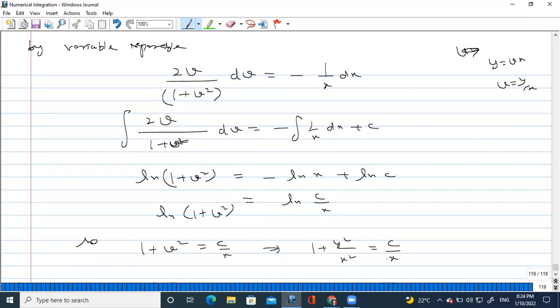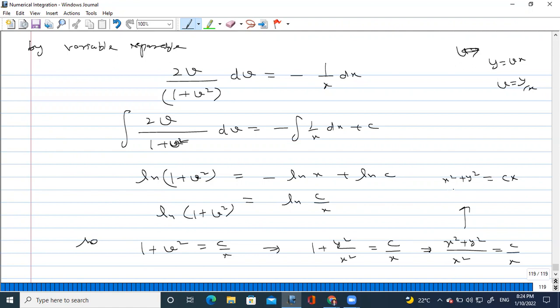Okay, so this is the form. Now here what you can do, you can take LCM. It will become x square plus y square divided by x square equal to c by x. Now this x square will go there. This implies x square plus y square will be equal to cx.